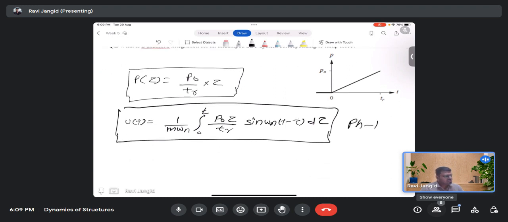For phase 2, after tr, your vibration will be free vibration.